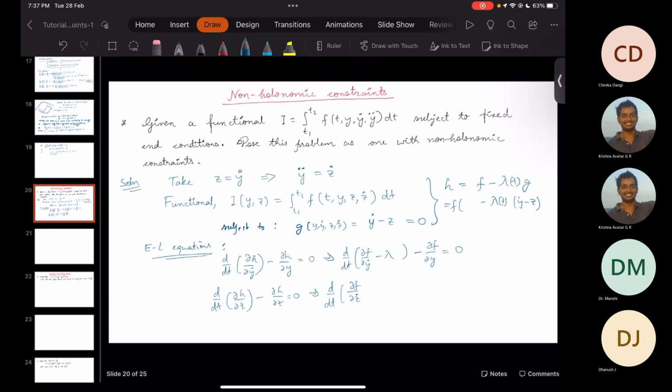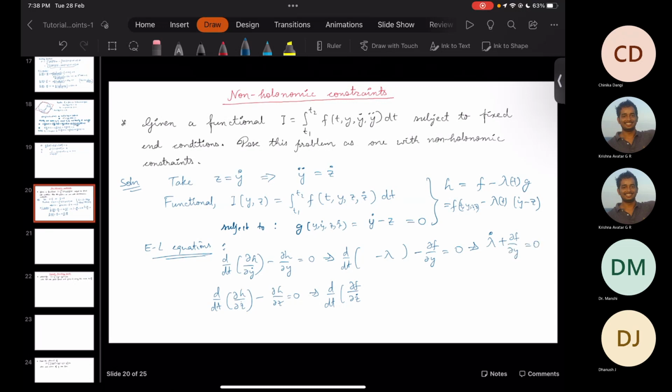If it's f of t comma y comma z dot, so it's no longer a function of y dot, sorry. So it's just this, I made a mistake here. Okay, it's nothing but lambda dot plus ∂f/∂y is equal to 0.